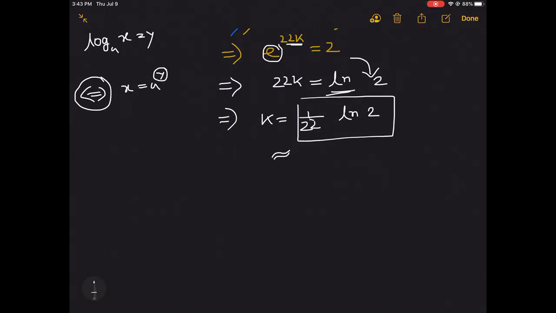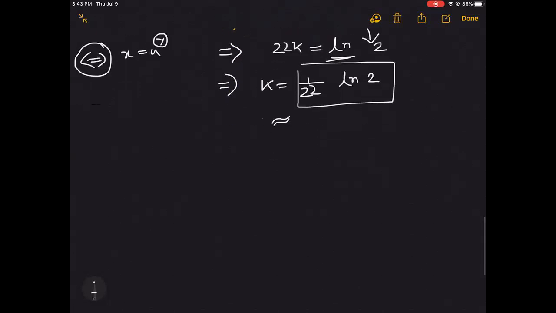Without rounding it? Okay, so let me write the first. It will be 0.03, oops, sorry.